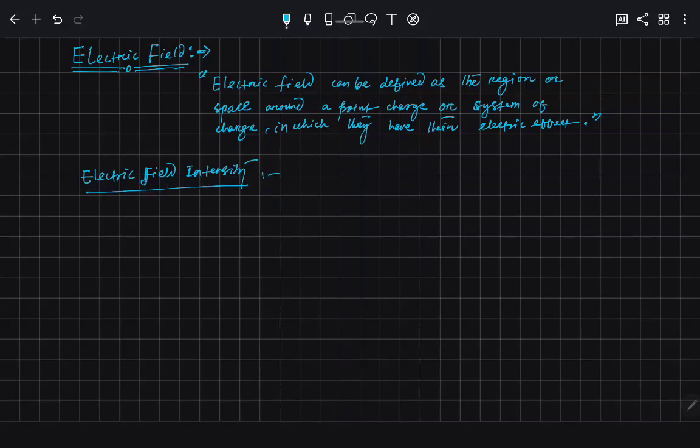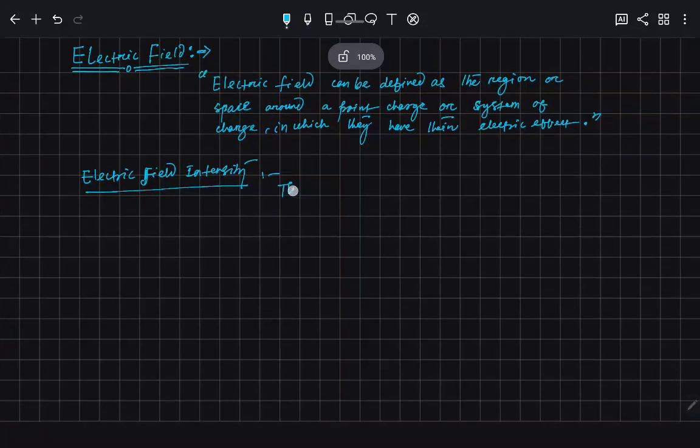So electric field intensity basically tells you how strong the electric field is, or how powerful it is at that point. Or you can say that the strength of the electric field is quantitatively defined by this electric field intensity.